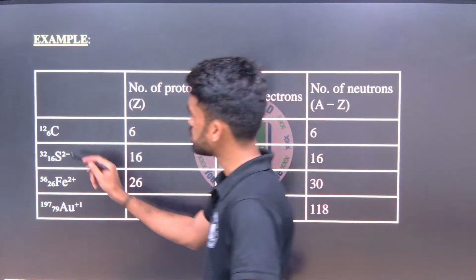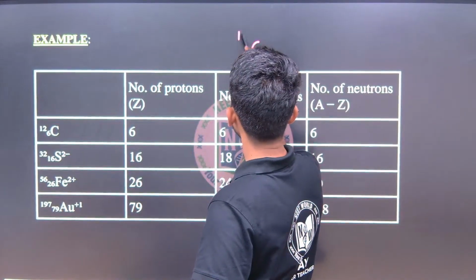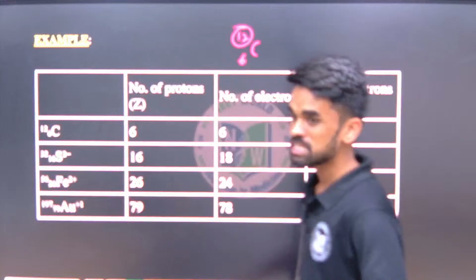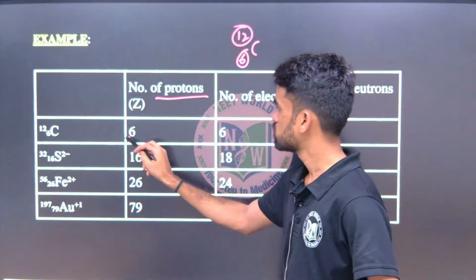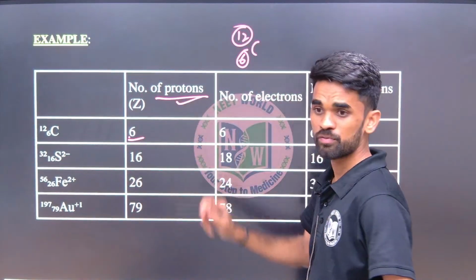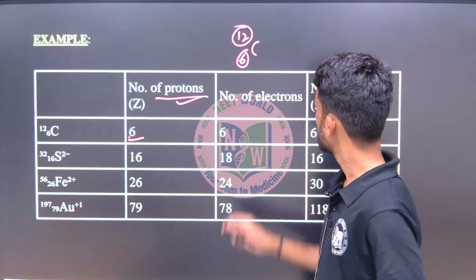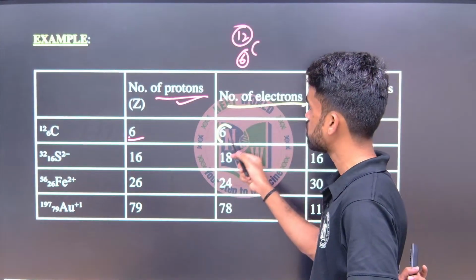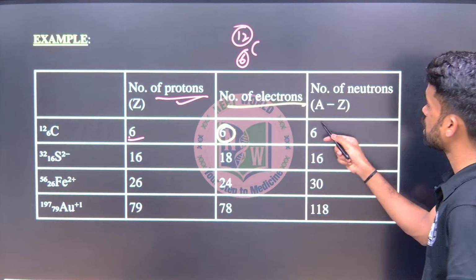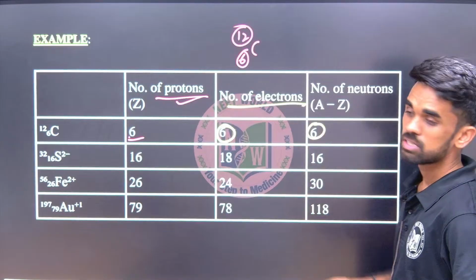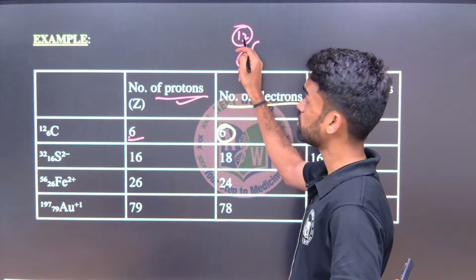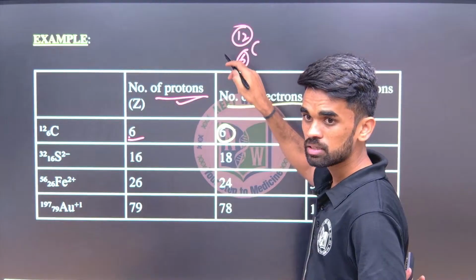See, here I am using C-12 with atomic number 6. So 12 indicates mass number, and 6 indicates the number of protons, the atomic number. The atomic number is given by the number of protons in that atom. Next, the number of electrons is also 6. How many neutrons? How did you get it? 12 indicates what?